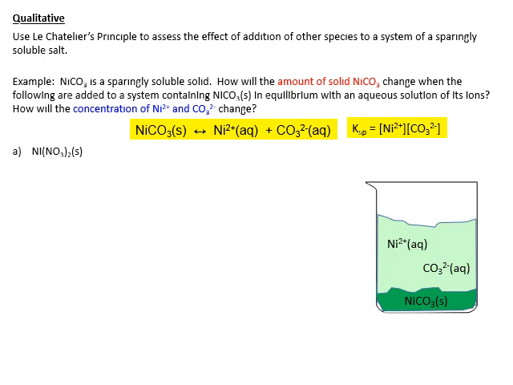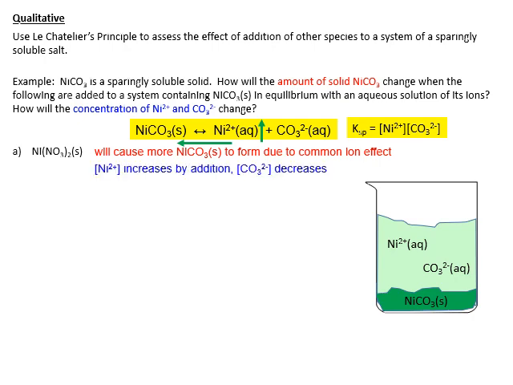What happens when we add some nickel 2 nitrate solid? Nickel 2 nitrate is soluble, so adding nickel 2 nitrate solid will increase the concentration of nickel ions in the solution. This will cause a backward shift towards reactants according to Le Chatelier's principle. This means that more nickel 2 carbonate solid will form.